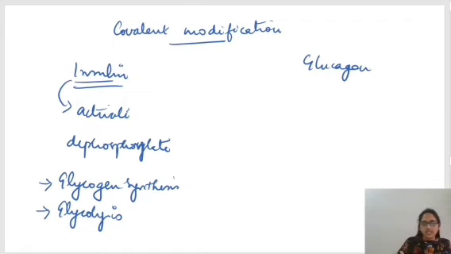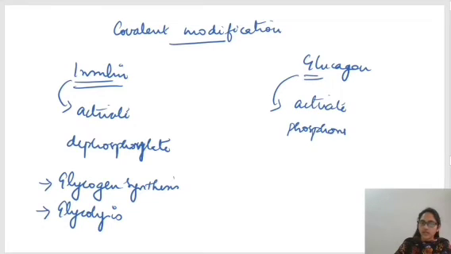Whereas glucagon activates enzymes by phosphorylating. So some enzymes are active in the phosphorylated state and some are active in the dephosphorylated state.